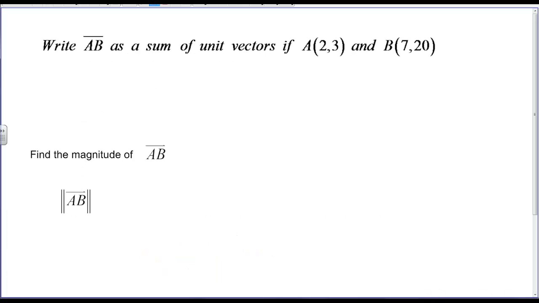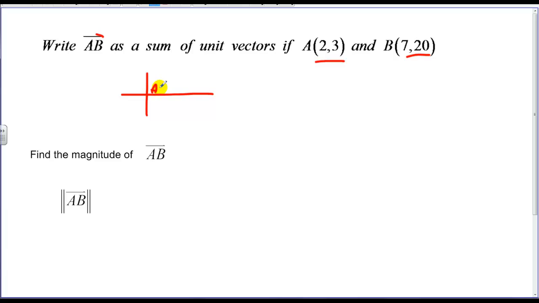If we want to write AB as a sum of unit vectors, first of all, what I need to do is notice that A and B represent 2 points. So this is a vector out in space. I'll just do a random drawing.